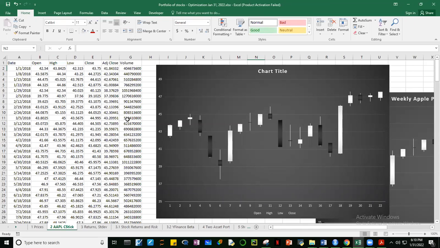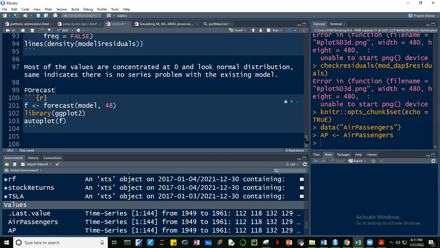You can also include here the volume, and there are other plots that you can use in plotting stock prices. But of course, there are other software that are better equipped as compared to Excel.